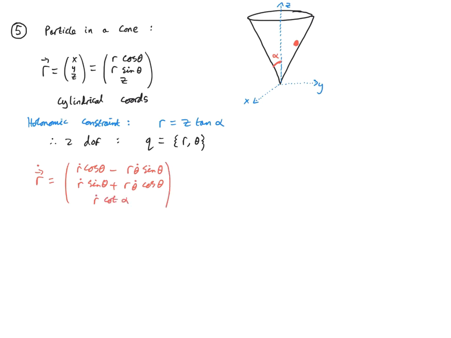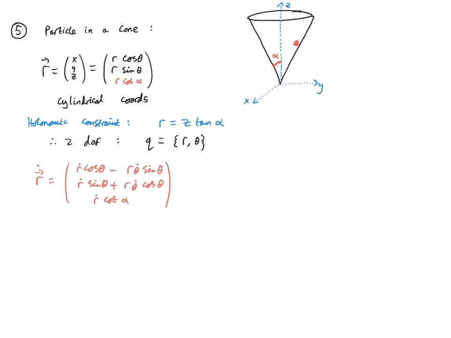And on the last line here, I've actually replaced z by r upon tan alpha. 1 upon tan alpha is cot alpha, and so that's this term here. Let me also change the z in our original expression here for r cot alpha. Notice that alpha is a constant, it doesn't change with time.